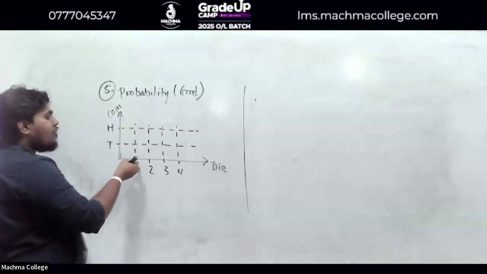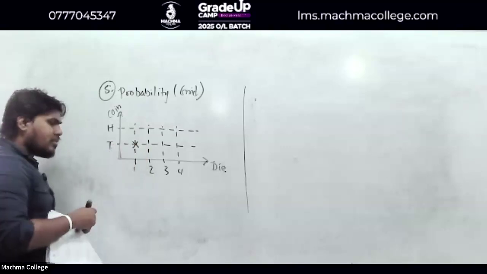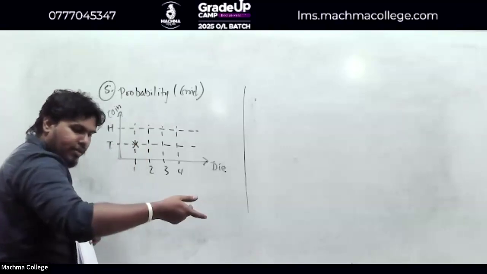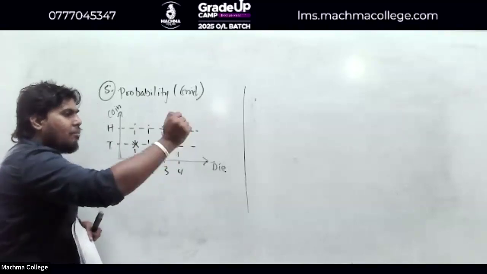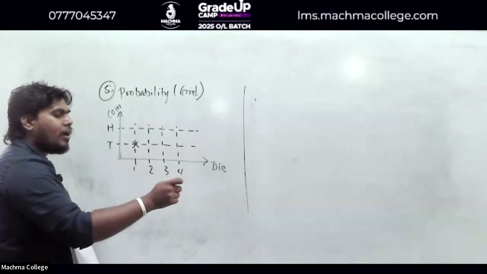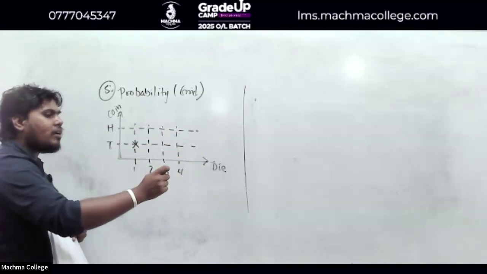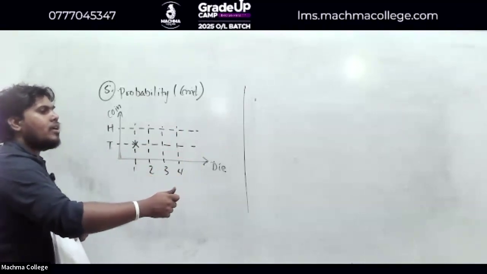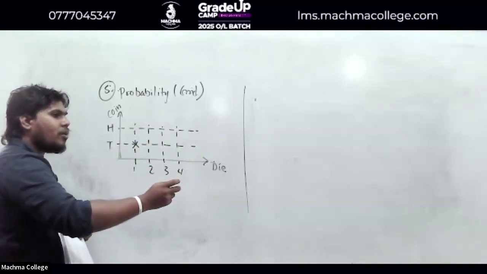They are asking us to represent the sample space on the grid. You are rolling the die and tossing the coin. The number that comes when the die stops rolling can be 1, 2, 3 or 4, and the coin can give you head or tail. So it can be 1 from the die and tail from the coin, or 1 from the die and head from the coin, or 2 from the die and tail from the coin.